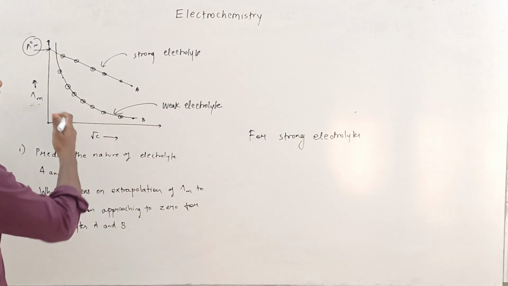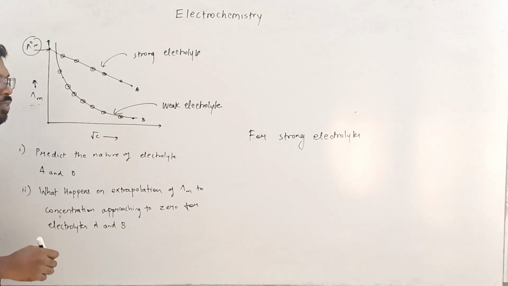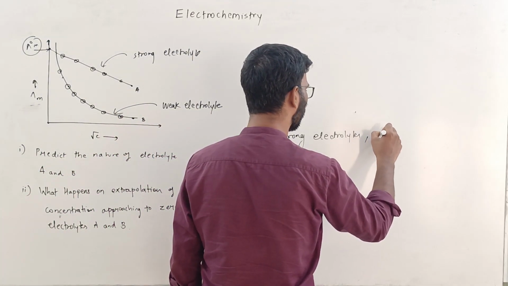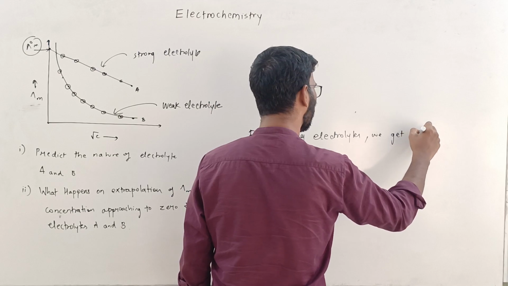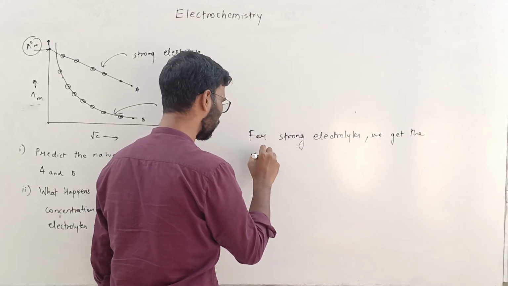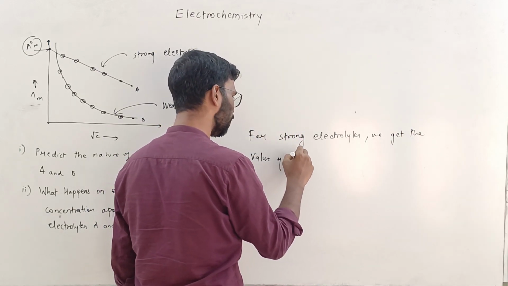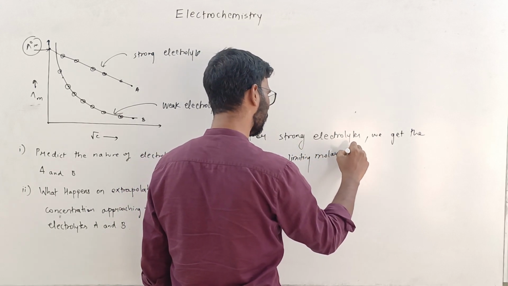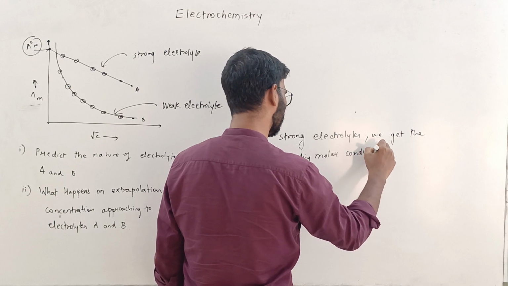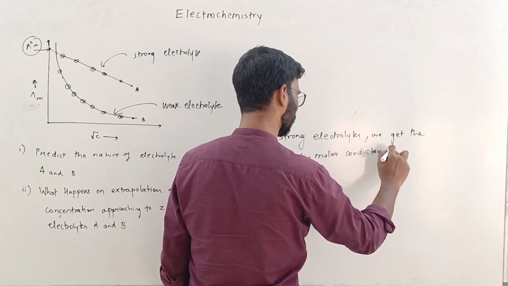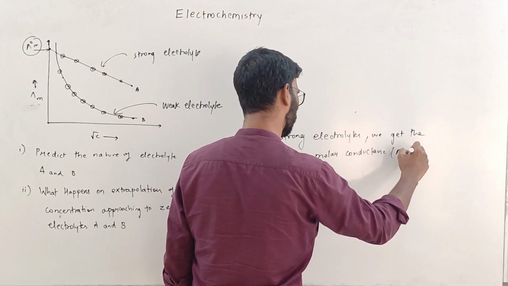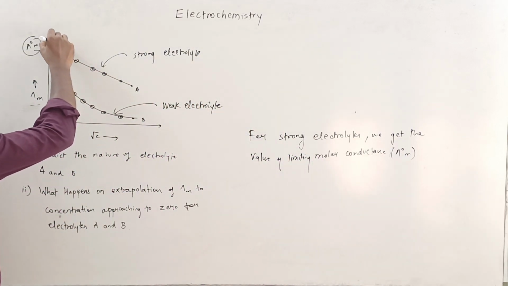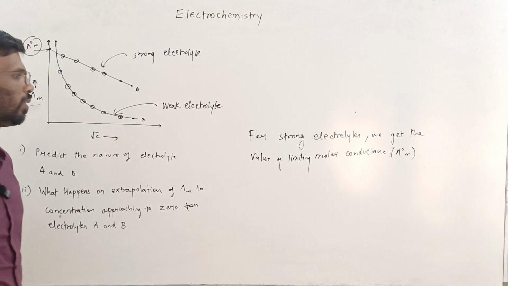When extrapolation is done, it intercepts the y-axis. For a strong electrolyte, we get the value of the limiting molar conductance, lambda naught m. And for a weak electrolyte, they never meet.